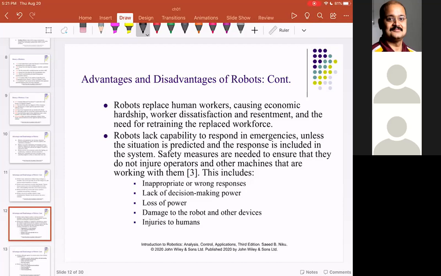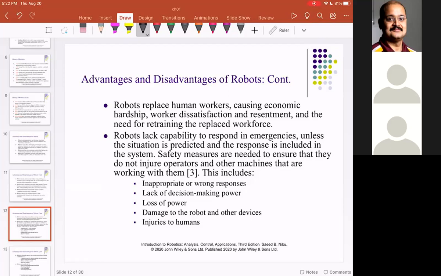For example, imagine you want some psychological counseling done, and instead of a human being who can express real empathy, you have a robotic voice. That will not serve the purpose. Even though it may be efficient and cost effective, it will not serve the purpose.